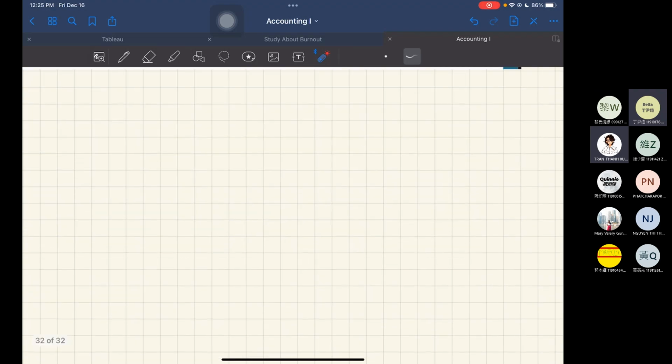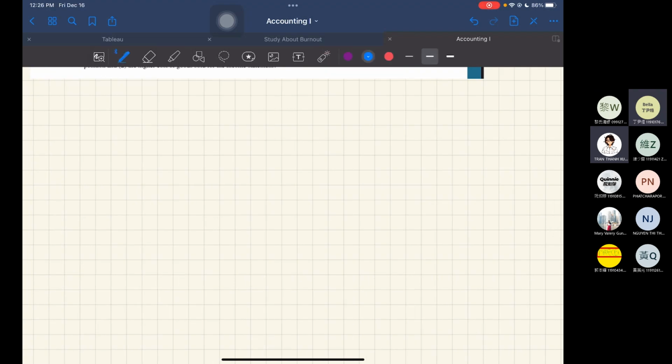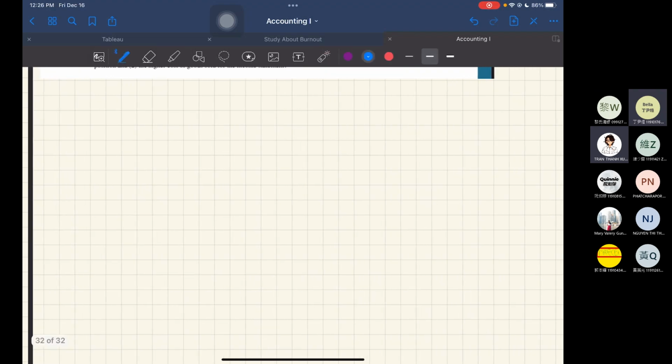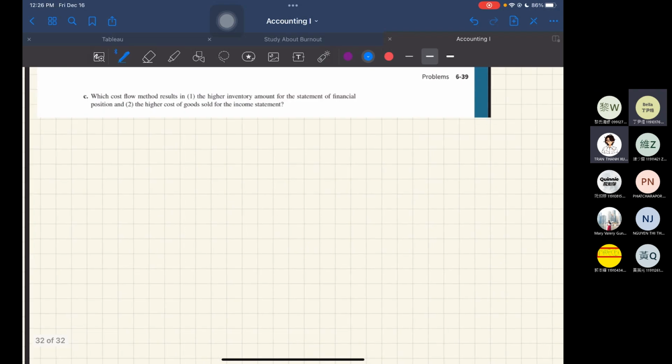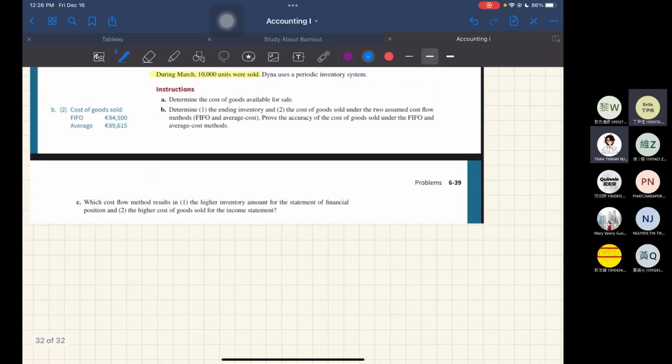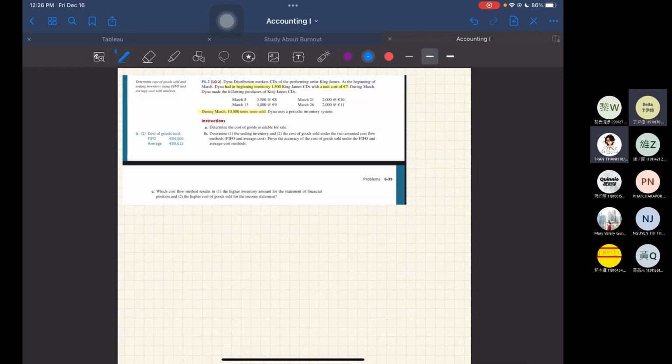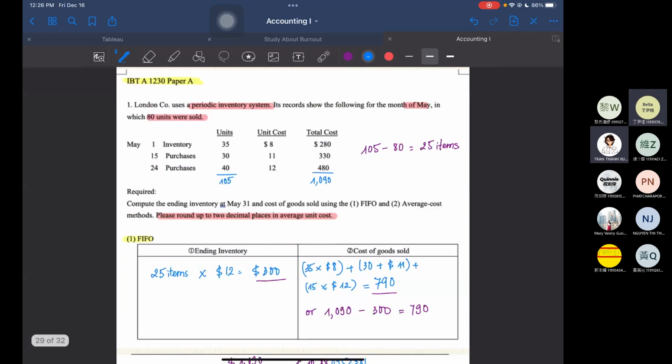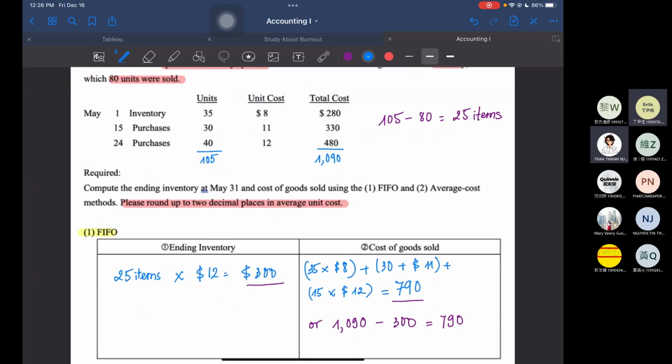Okay, for this kind of exercise, I recommend, what's the question? The question is cost available for sale. So we need to know how many items we have and what the unit cost is, right? This is the same as this kind of table.